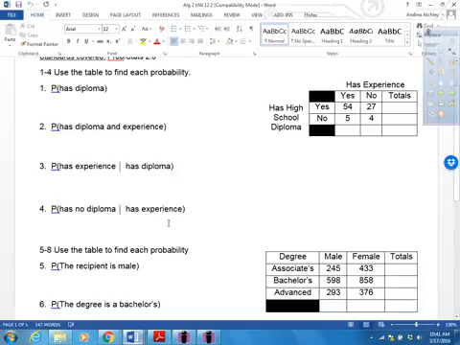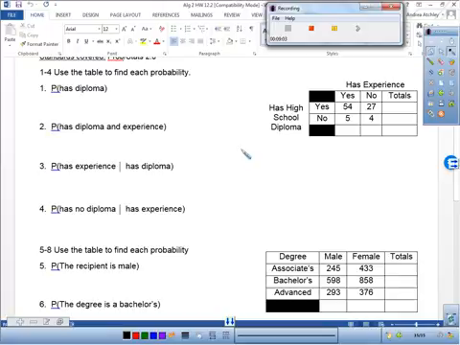Okay, so just like before, we need to add up everything. So 54 and 27 is going to be 81. This is 9. This is 59.